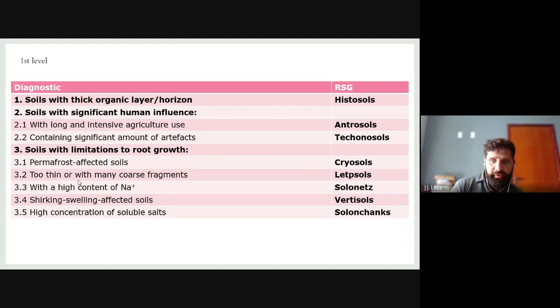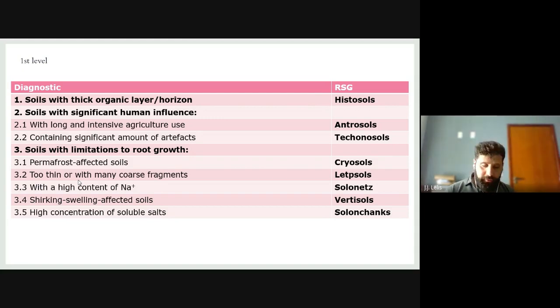And these soils are called vertisols. So the vertisols are those soils that possess a limitation to support a complex ecosystem, a complex life, because they possess a high content of clay, and these clays are high activity clays.